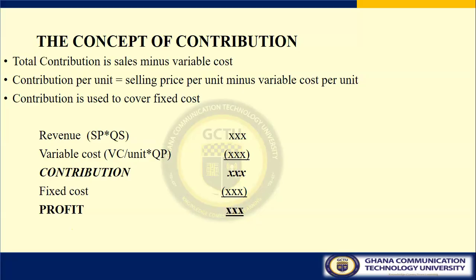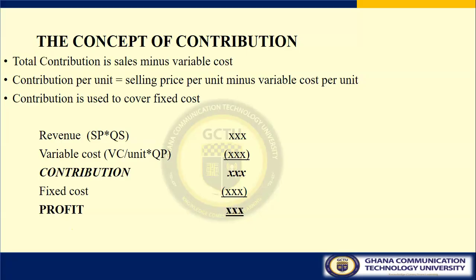So you are saying revenue, you less the variable cost, and then get a contribution. When you get a contribution, somebody will say gross profit. Then you less your fixed cost to get your profit. With the revenue, we talk about the total sales made.